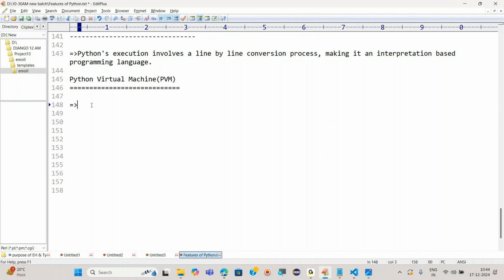So PVM is basically a part of Python software.